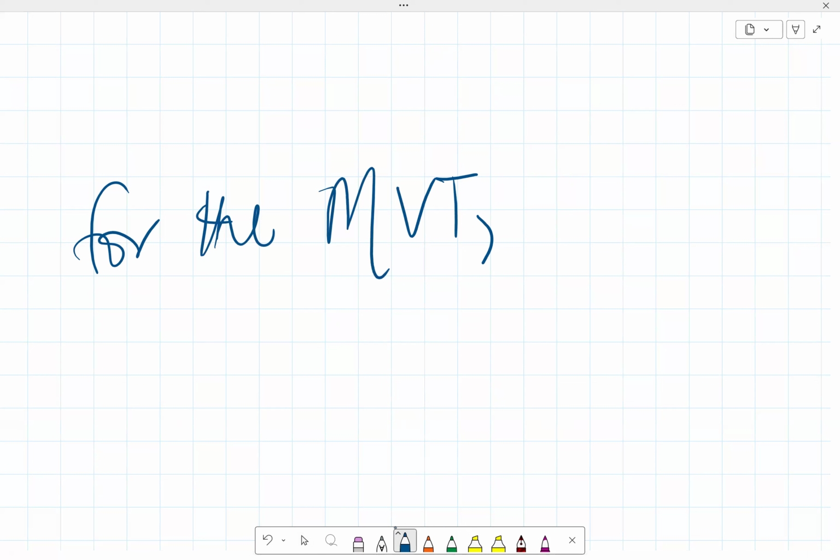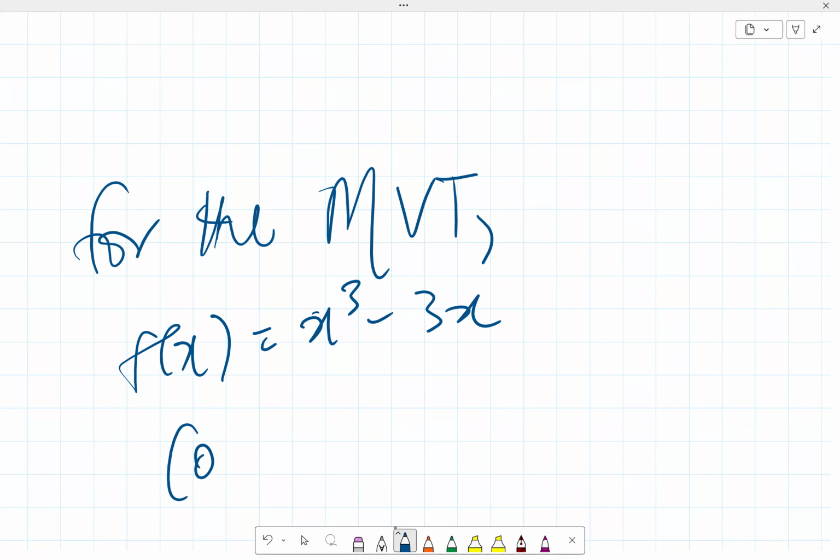So for the mean value theorem, again, we have f of x equals x cubed minus 3x, and then we have the interval on 0, 2. For 0, 2, we just need to prove continuity on the closed interval and differentiability on the open interval.